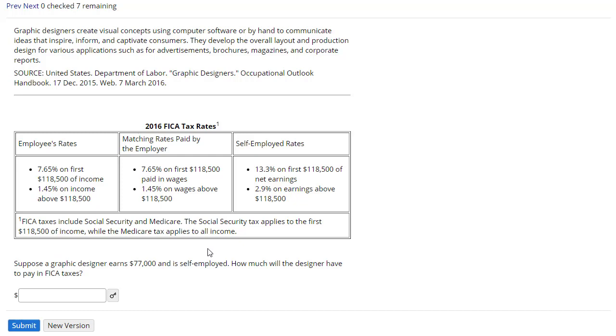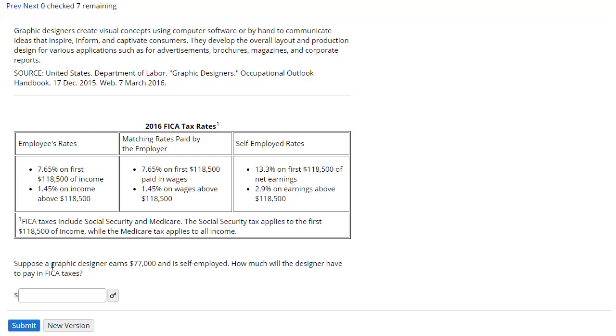That's because Social Security taxes only apply to the first amount of income. So in 2016, apparently, it was the first $118,500 in income, but that amount changes, okay? So don't go memorizing that amount or these percentages.